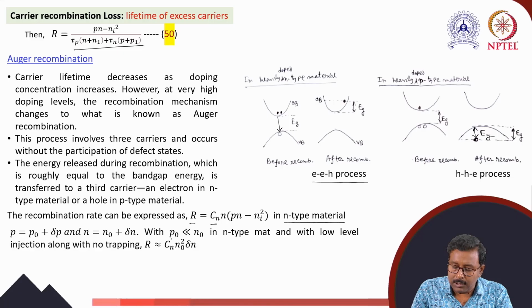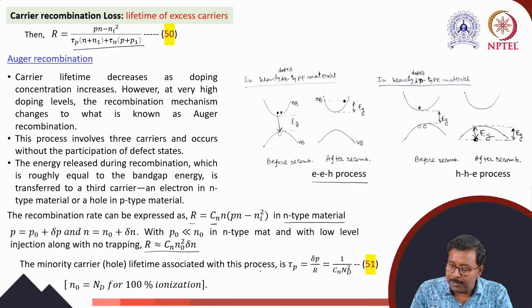So the minority carrier concentration is much less than the majority carrier concentration, and in low level injection, delta n and delta p are both equal, and the excess carrier delta p is much less than the majority carrier. Then putting this value you can reach R almost equal to Cn n0 square delta n. Be careful: n0 square delta n.